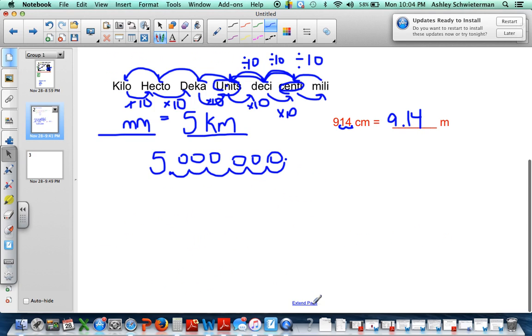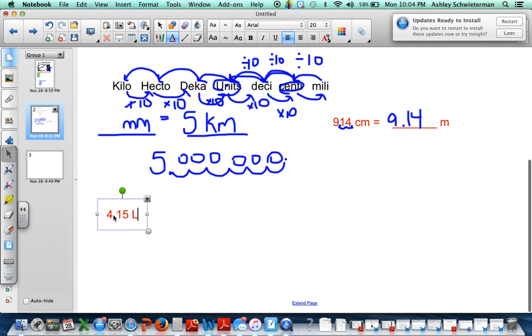I can try another one. 0.15 liters, and I want to figure out how many milliliters. The prefix is the lowercase m, so I have a lowercase m.